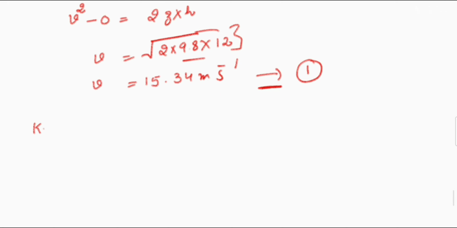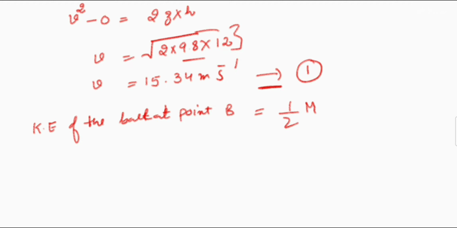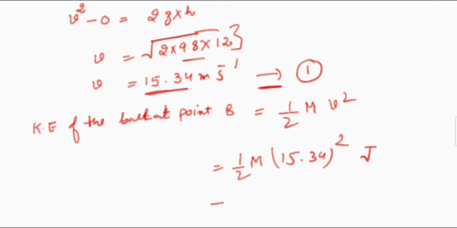Now the kinetic energy of the ball at point B, meaning on the ground, is equal to half m v square. So this is equal to half m, velocity square, 15.34 whole square joule. If we solve this, we'll get kinetic energy equal to 117.66 m joule.